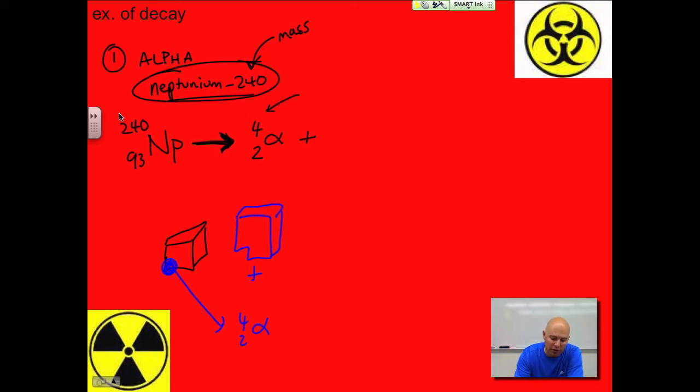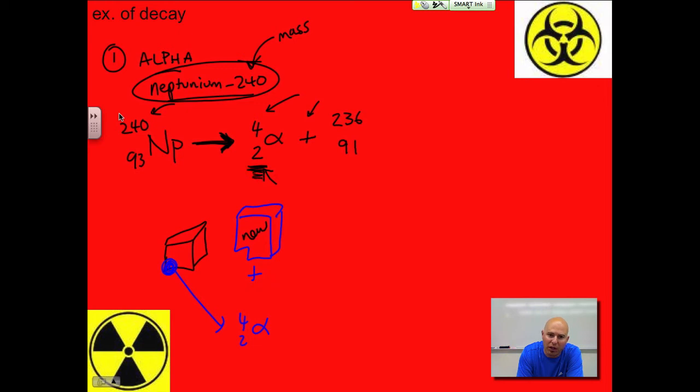Really, all we're doing is looking at the upper left corner and the bottom left corner, and it tells you how much mass is shot off. Well, notice that 236 plus 4 equals 240. So that's how much mass is on your new thing. Your protons would be 91. Why?